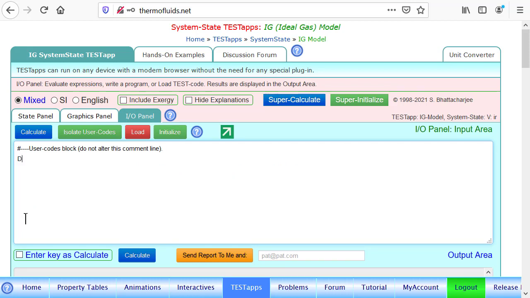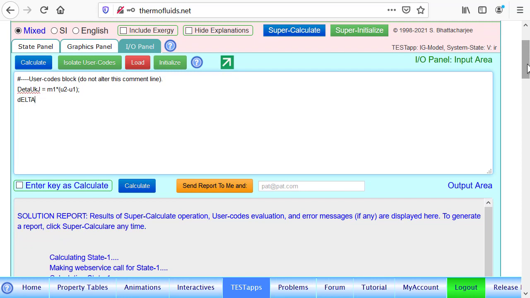So we have delta U in kilojoules equal to mass times U2 minus U1, because we have specific internal energy, and delta T in Kelvin, T2 minus T1.